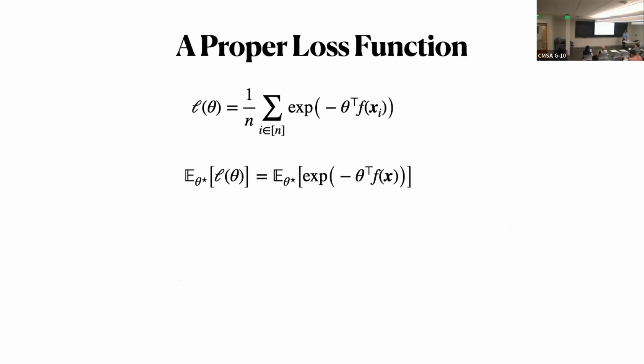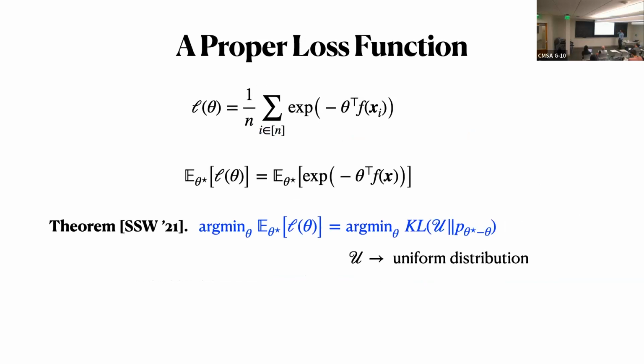So here is a simple observation: the minimizer of the loss function, under, let's say, infinite data, that is with respect to the distribution. So let's say this is a loss function, and this is empirical.